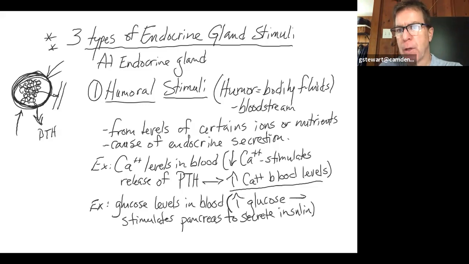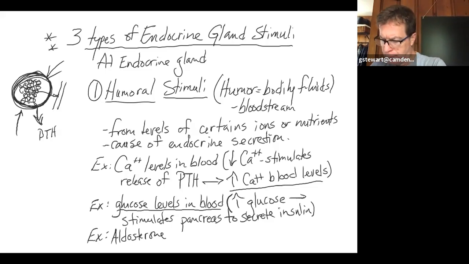These glucose levels in the blood are also strictly monitored. If they rise, insulin is secreted from the pancreas. If they decrease, glucagon is secreted from the pancreas. So that's another classic example. And finally, a third classic example is aldosterone release, and that's based on sodium and potassium blood levels.